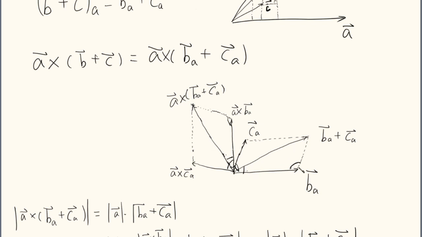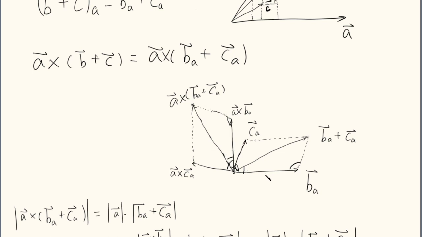As they are similar, the ratio of this length over this length is the same as the ratio of this length over this length, or the ratio of this length over this length.